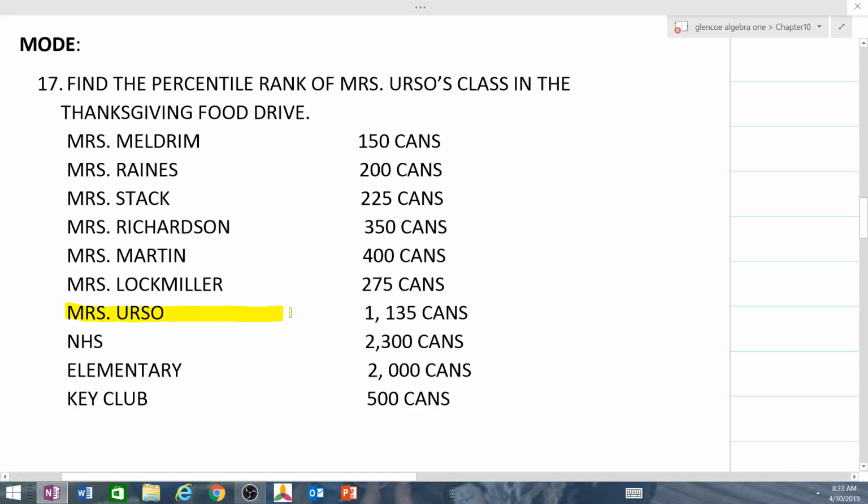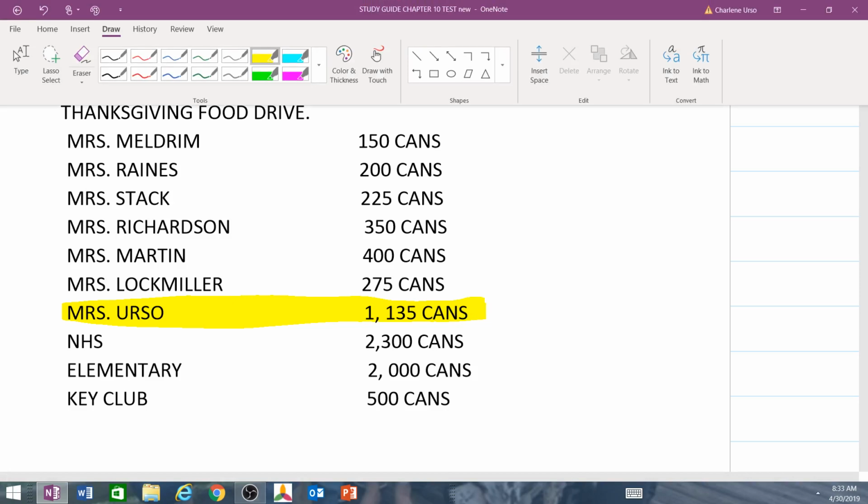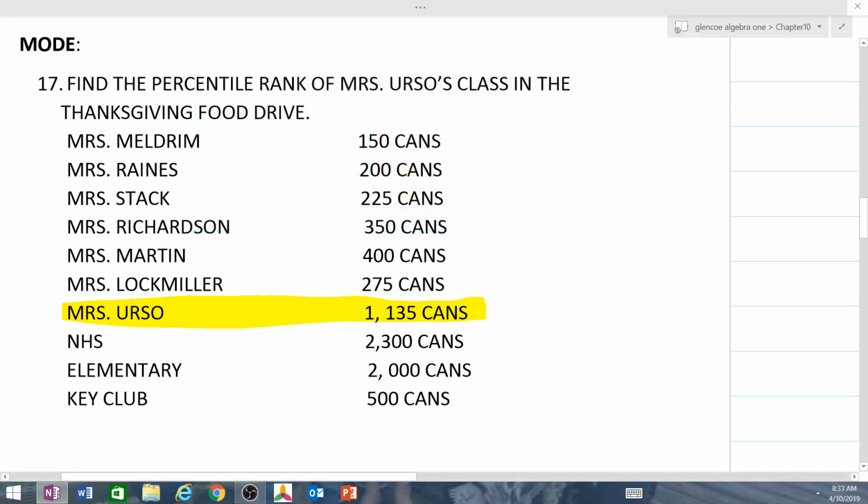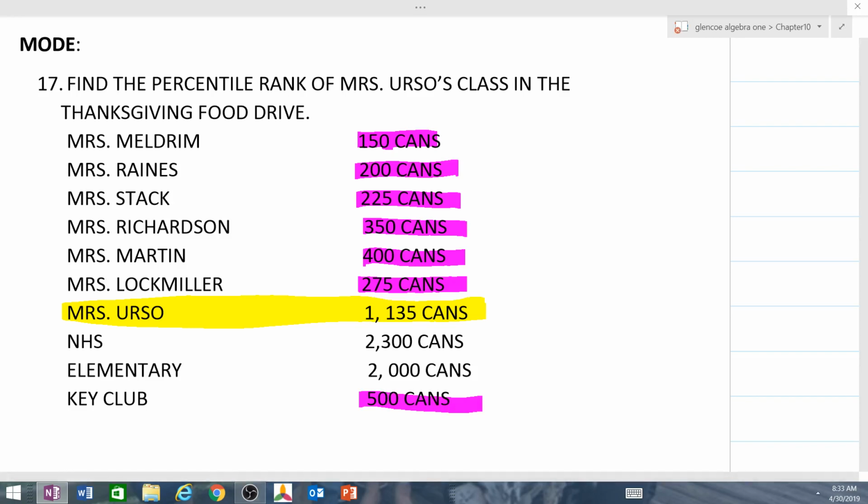Mrs. Urso's classes brought in 1,135 cans. So now I'm looking for any numbers below that. So that would be 150, 200, 225, 350, 400, 275, and 500. Is everyone with me? Yes? How many people participated in the food drive? How many people were there total?